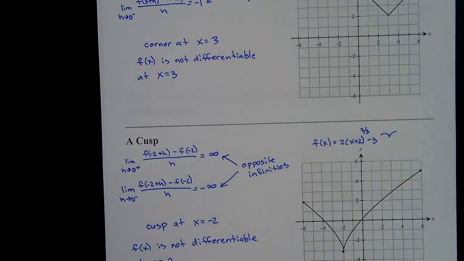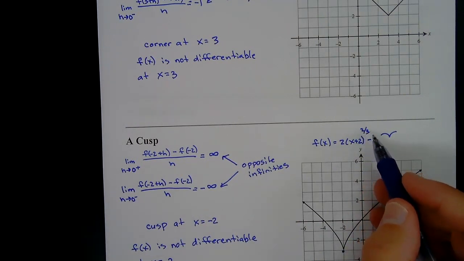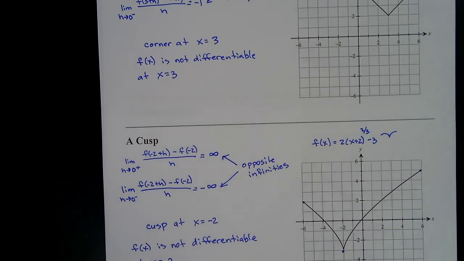That's going to cause a cusp to happen. There are other reasons for a cusp, so I wouldn't just rely on that. But that is one specific function where you will have a cusp: when the exponent is a fraction and the numerator is even and the denominator is odd. You're going to have a cusp.